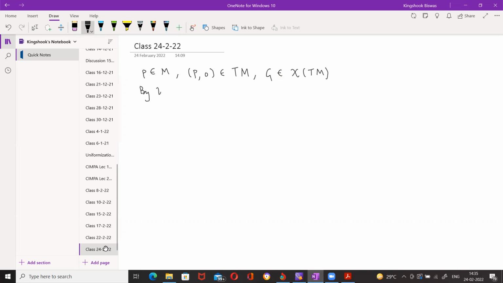So by local existence and uniqueness for ODEs, there exists a neighborhood, let's call it script V, of (p, 0) in the tangent bundle.